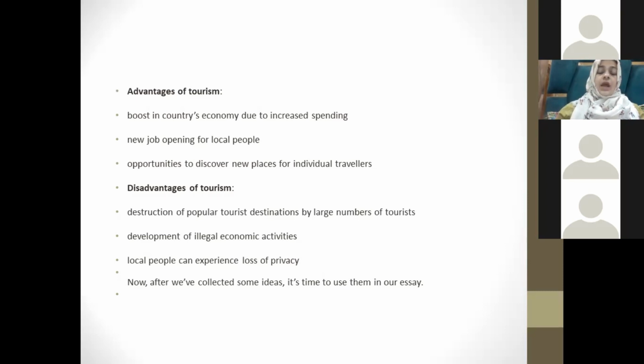Okay, now on the other hand, there are some major disadvantages associated with tourism. More and more archaic buildings are demolished, knocked down in order to make new destinations for the tourists.